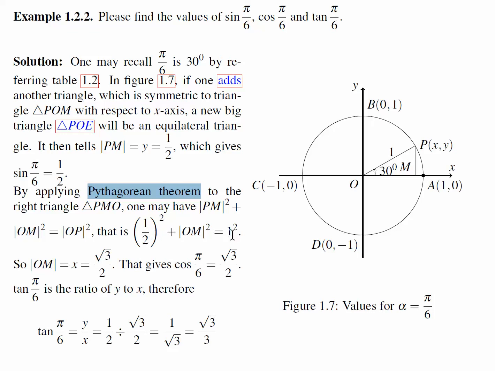Okay, so 1 minus 1/4 is 3/4. You then take the square root of 3/4.